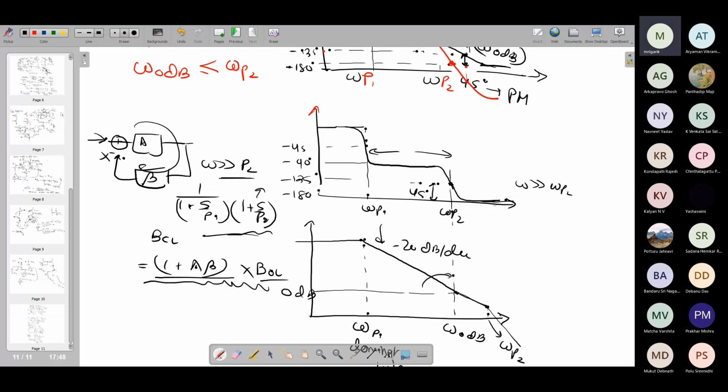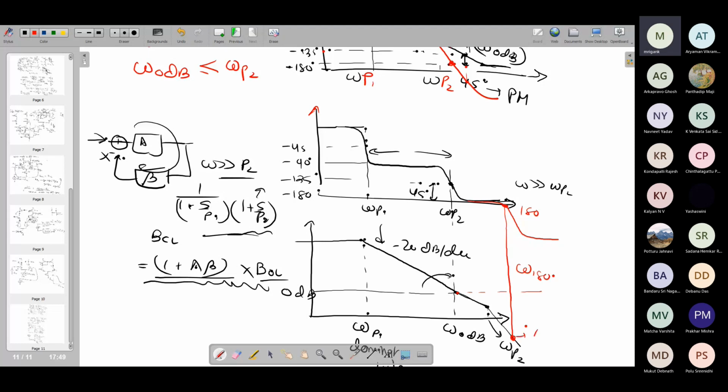In case you have additional poles, you have multi-pole systems. After the second pole, you're also having a third pole, and the phase plot is further going down, right? So definitely at one point it will reach 180 degrees, at a finite frequency. And at that point, we need to see what is the gain. So at omega equal to omega 180 degree, what is the gain?